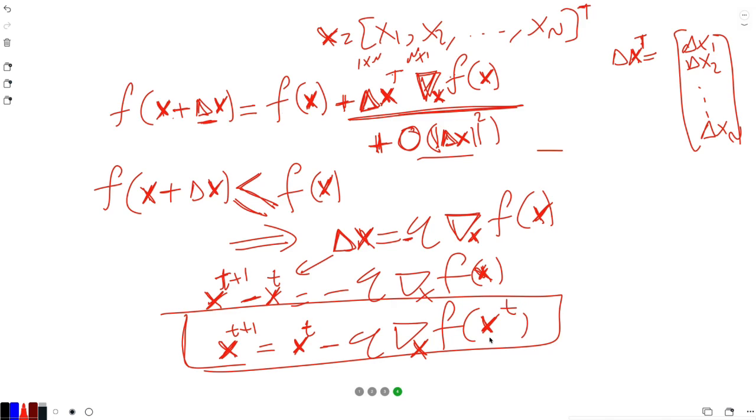Okay, now what happens if we look at the third item in the gradient algorithm?